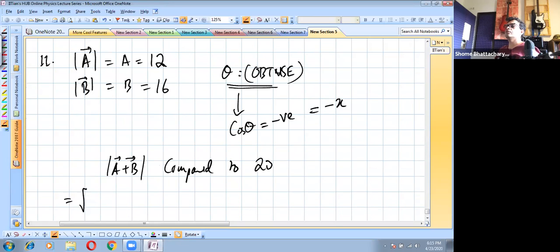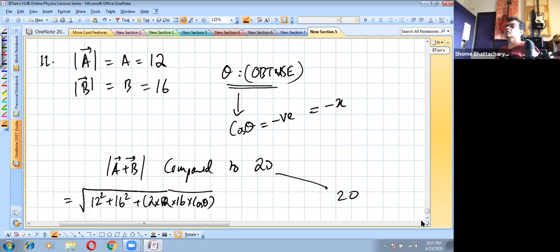It is root of a square plus b square plus 2ab cos theta. And this thing, you have to compare this with 20. This is the left hand side. Okay.